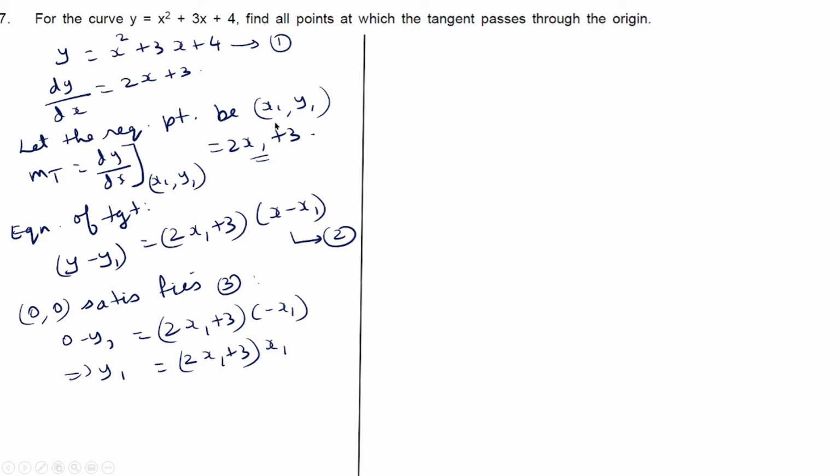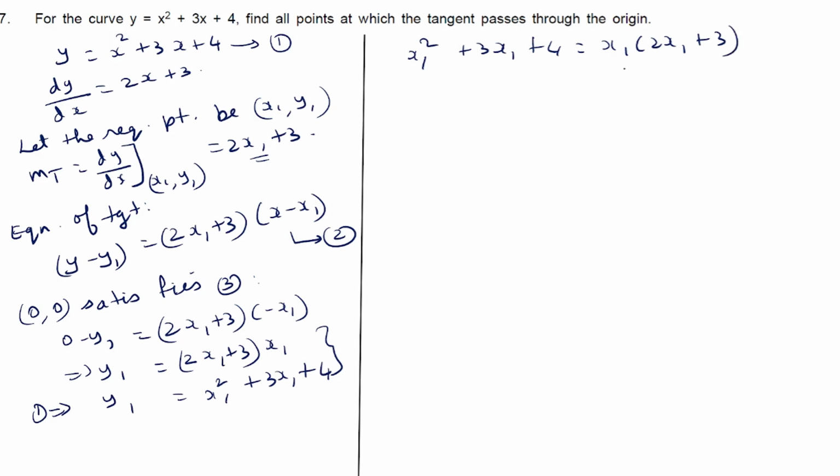Since we have taken the required point as x1, y1, this point will lie on this given curve 1. So from 1 we have y1 is equal to x1 square plus 3x1 plus 4. So from these two equations we get x1 square plus 3x1 plus 4 equal to x1 into 2x1 plus 3, or this is equal to 2x1 square plus 3x1.